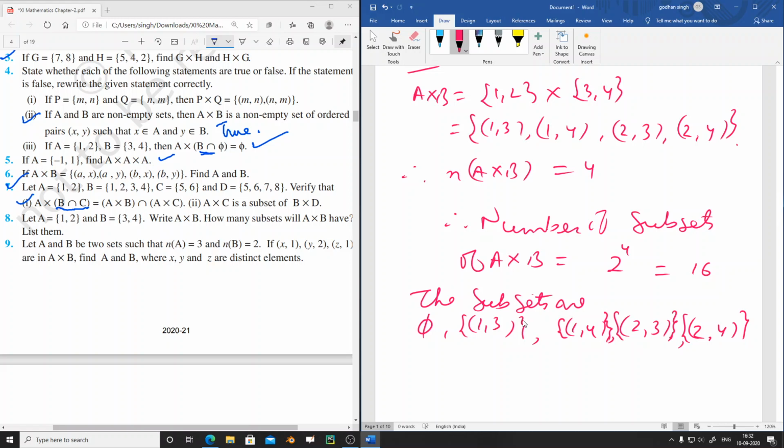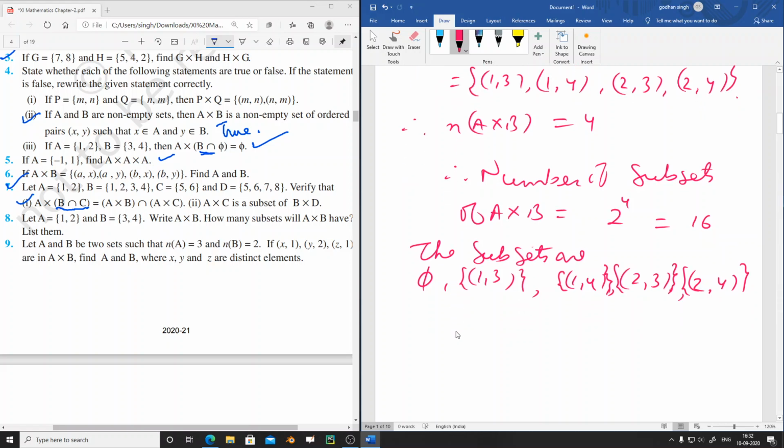Now next we'll take those subsets of A cross B which have two elements. So we can take first and second, first and third, first and fourth, second and third, second and fourth, third and fourth. Let us write down the elements.